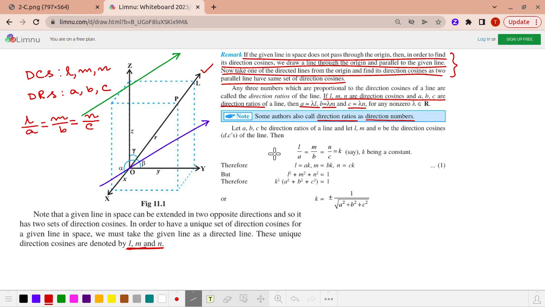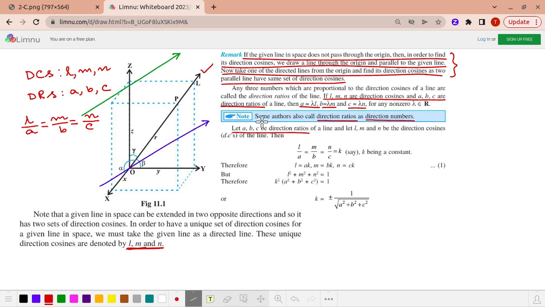Now, keeping in mind that L, M, N and A, B, C are proportional, suppose the direction ratios of a line are given and we are going to find the direction cosines. So that means, let A, B, C be the direction ratios and it is given. A, B, C are given.